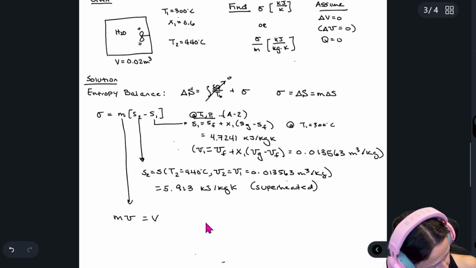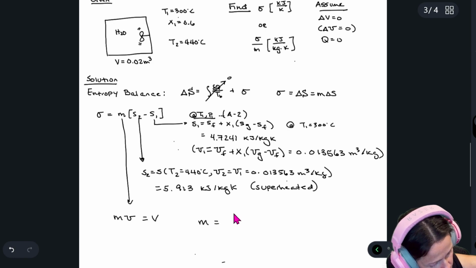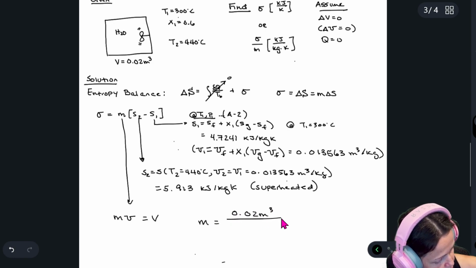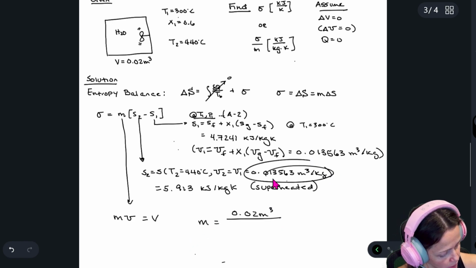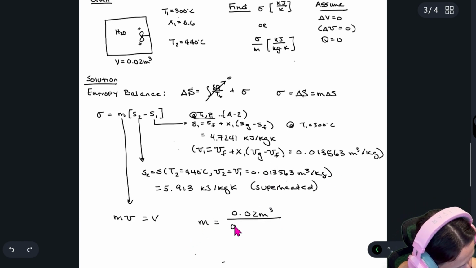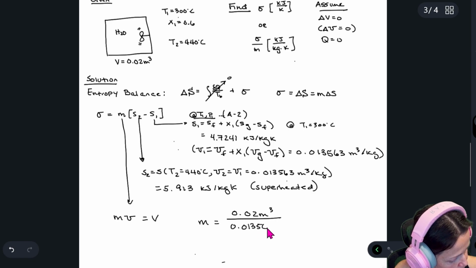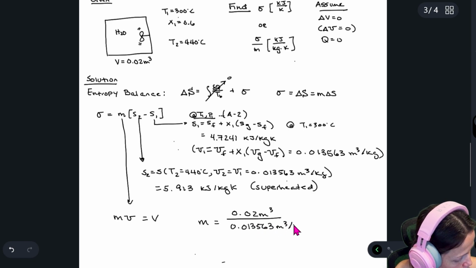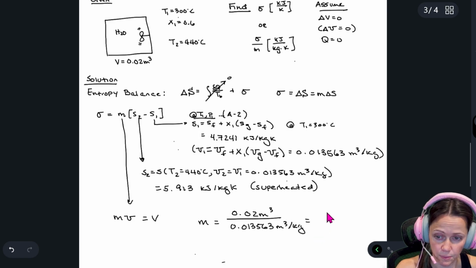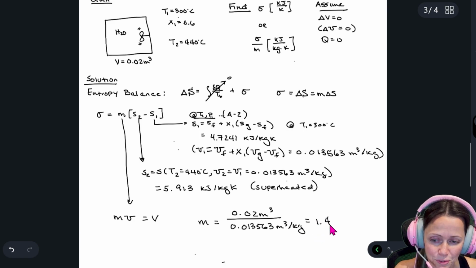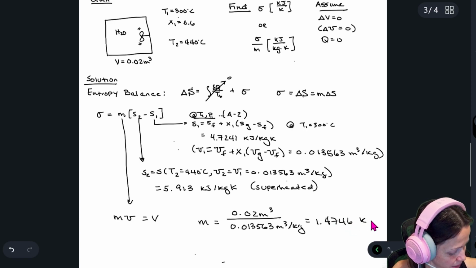So I just calculate the mass: volume 0.02 meters cubed over my specific volume of 0.013563 meters cubed per kilogram. That comes to 1.4746 kilograms.